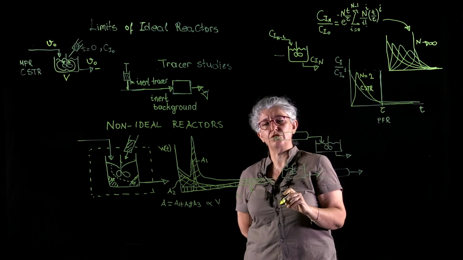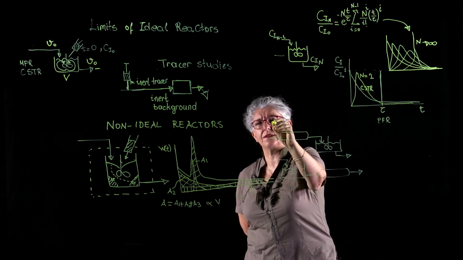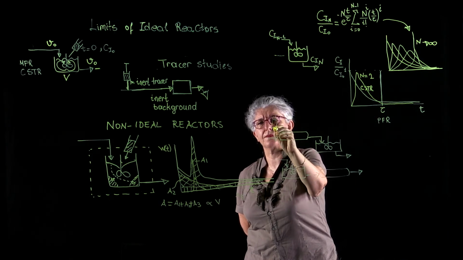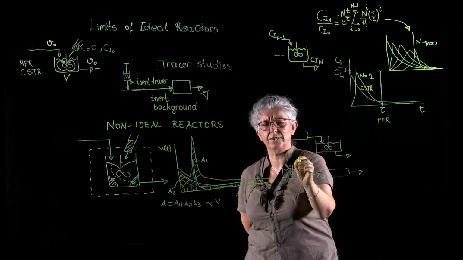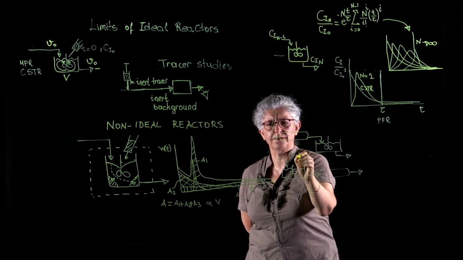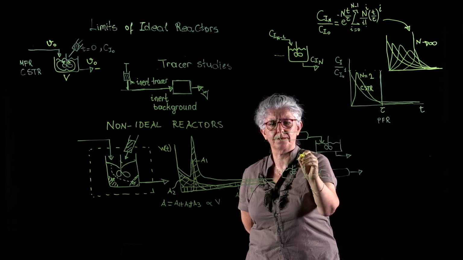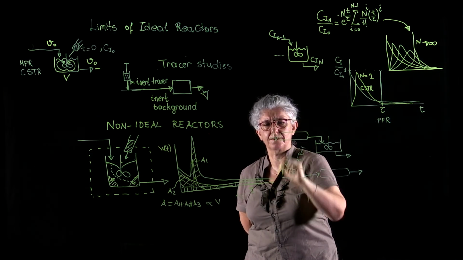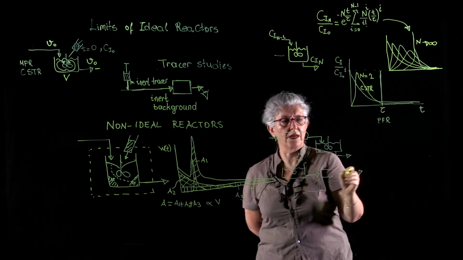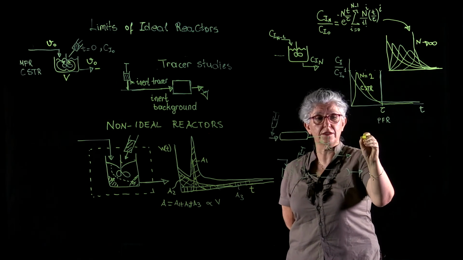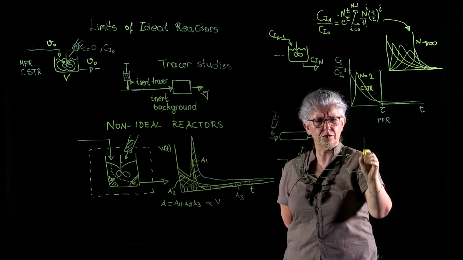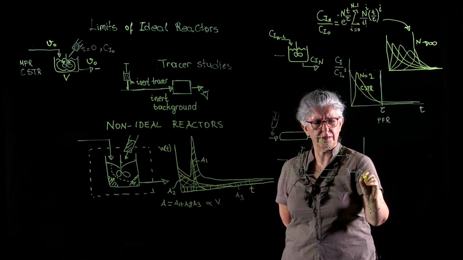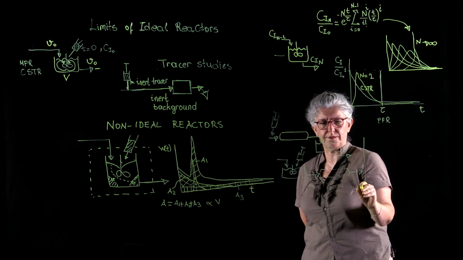When we introduce the inert tracer, here or here, both of these situations will give rise to the same residence time distribution curve.